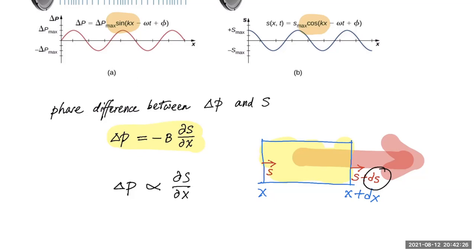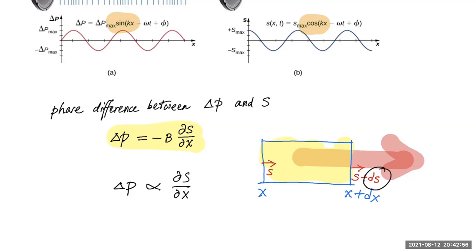And it is for this reason that when you have a zero change, partial S over partial X equals zero, this is a region where the left and right edges of this block of air move by the same amount. So there's no volume change, and therefore no change in pressure. Delta P becomes 0.